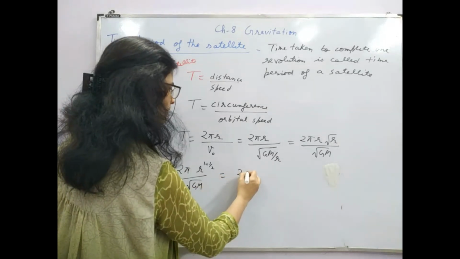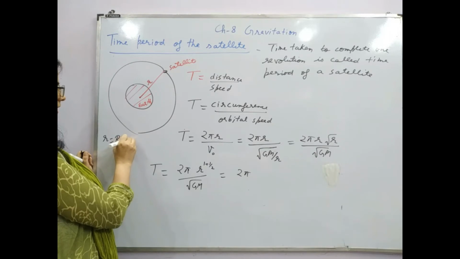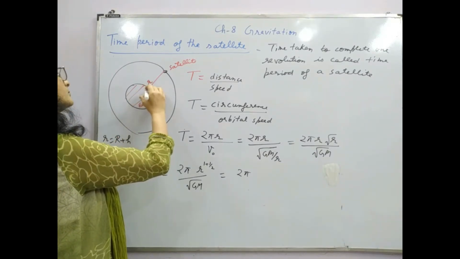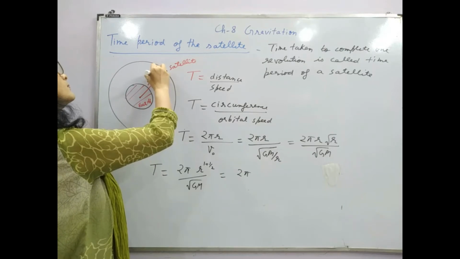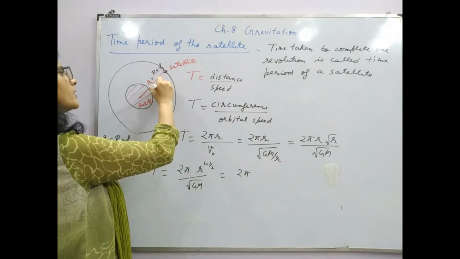This small r can also be written as what? R plus h, right? So this is R, as we had seen in the previous diagram.